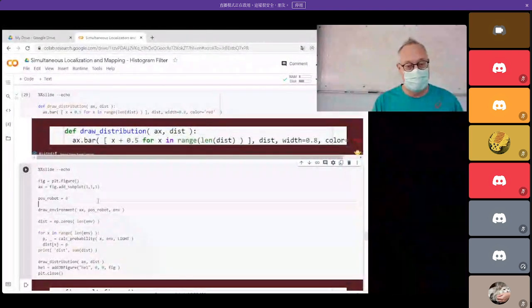And I also want to have our current histogram.